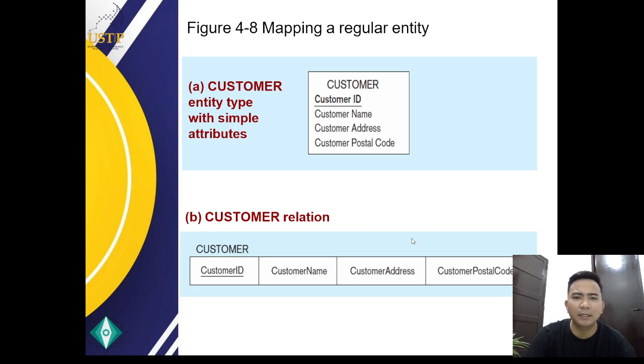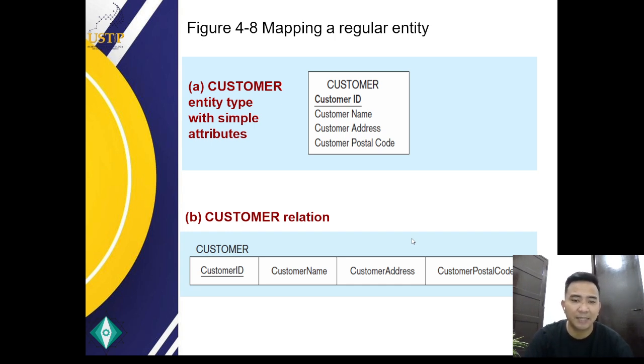mapping a regular entity. So we have here a customer entity type with a simple attribute. So this shows the customer entity type in an ER diagram. So it has the following simple attributes like customer ID, customer name, customer address, customer postal code. And we have here the customer relation. So this shows the corresponding relation in the relational database.